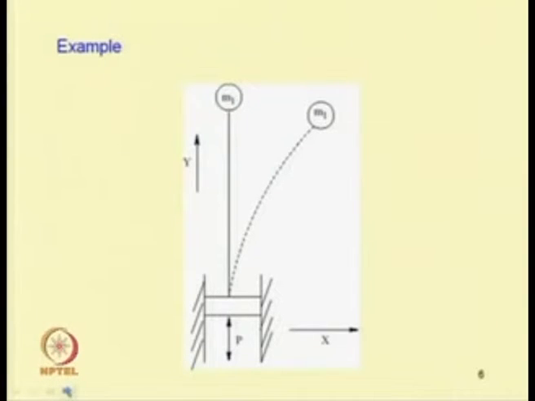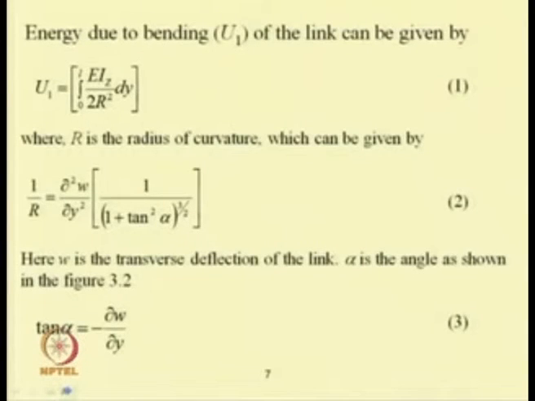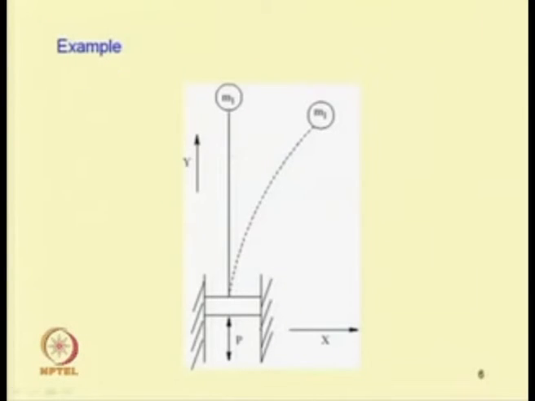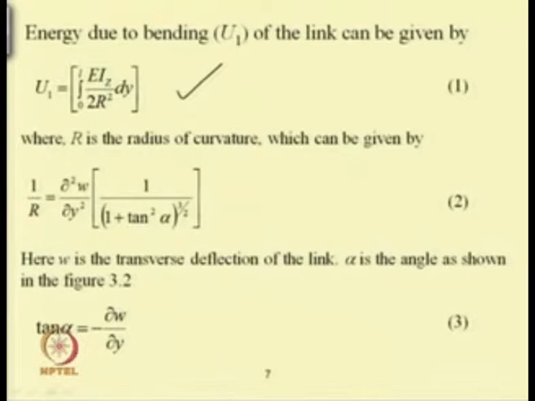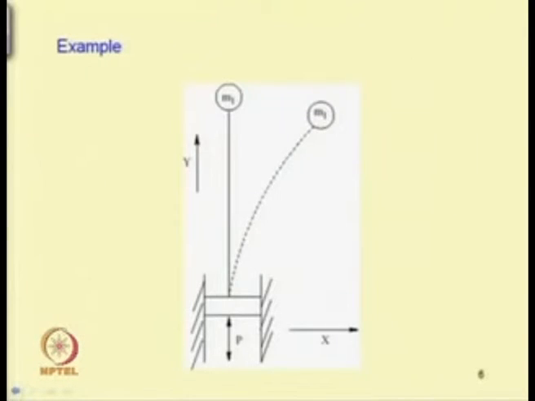To derive the equation of the system, we can write the potential energy of the system. To make the system nonlinear by assuming moderately large transverse deflection, we can write the curvature 1/r = ∂²w/∂y² × 1/(1 + tan²α)^(3/2), where α is this angle.